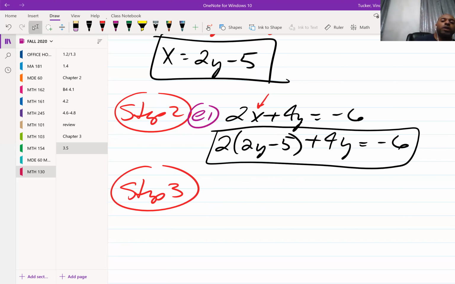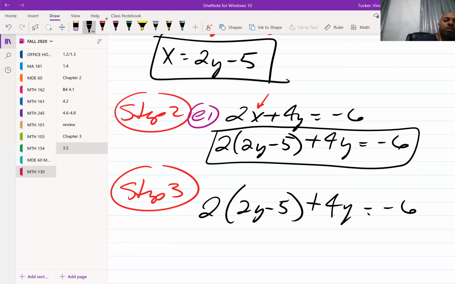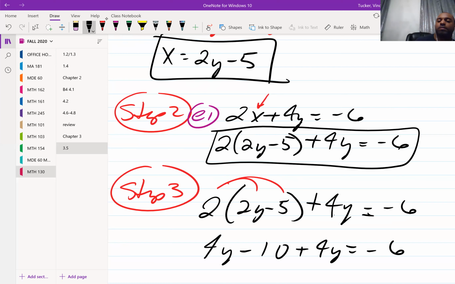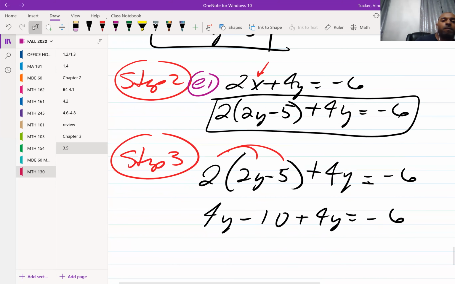All right, so go ahead and solve for y. We have y left. I'm going to rewrite it. Distribute the 2: 4y minus 10 plus 4y equal to negative 6. Add your like terms: 8y minus 10 equal to negative 6.